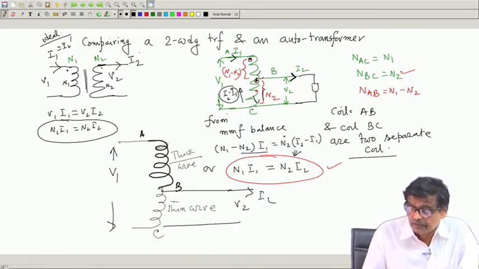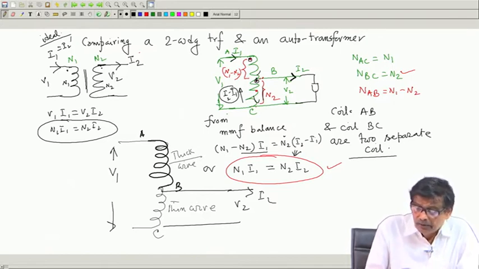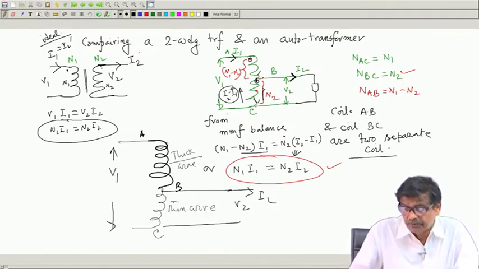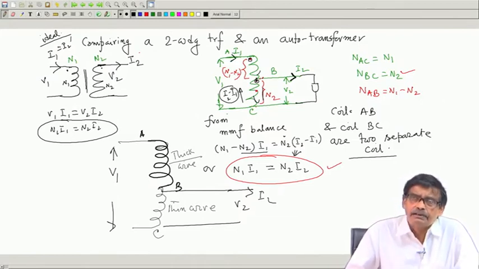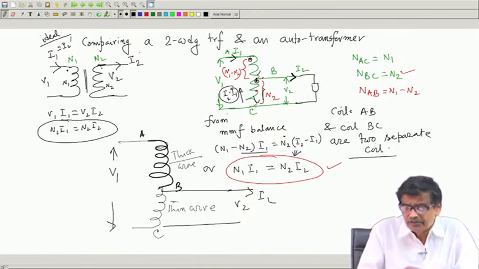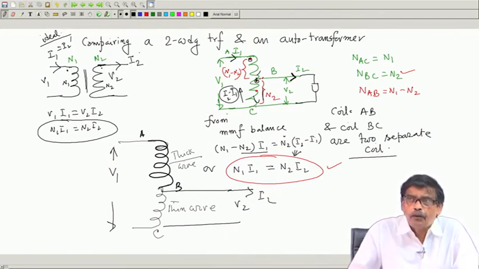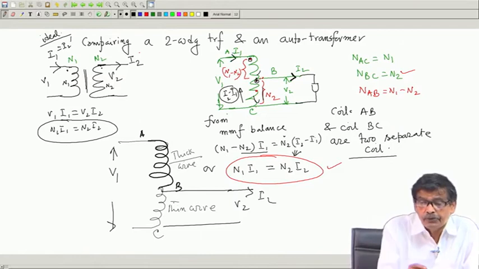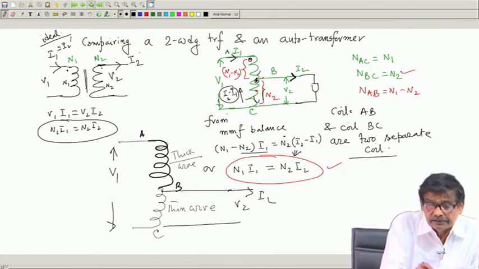Now, today we will try to find out some estimate of how much copper will be saved. Copper saved means volume of the copper. So, we start with this.